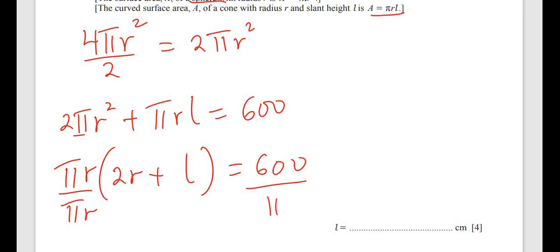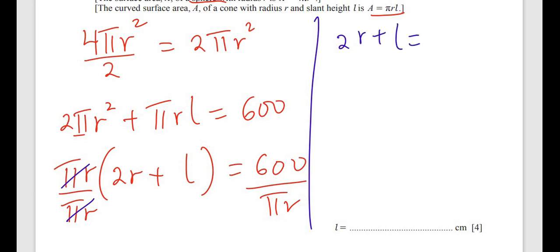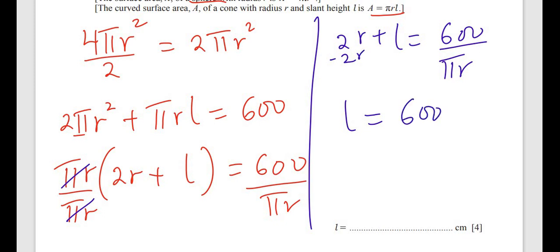So we're going to have 2r plus L is equal to 600 divided by pi r. Then to work out the value of L, we just need to take away 2r from both sides. So L is going to be 600 divided by pi r, take away 2r.